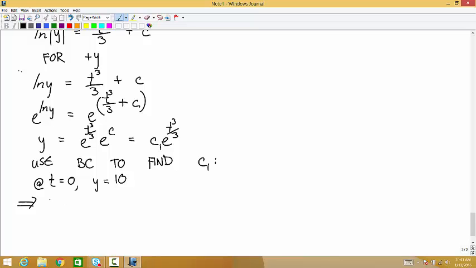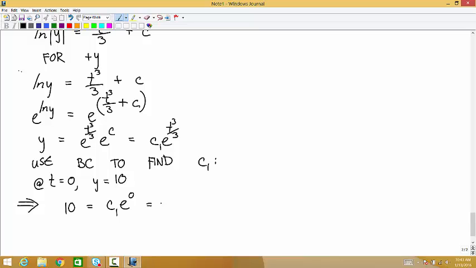That says 10 is equal to c1 times e to the 0. I'm just plugging in for that t value.